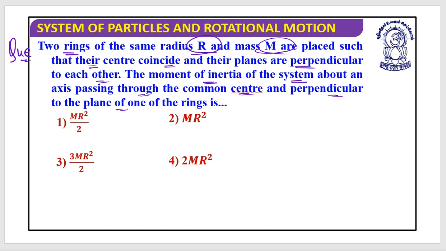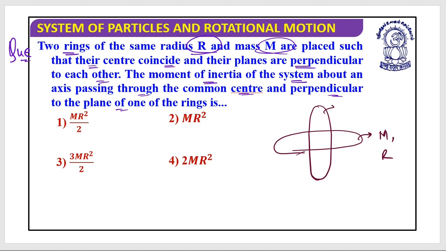It says that two rings are there. This is one of the rings having mass m and radius r, and this is the second ring, also having mass m and radius r. Now the moment of inertia of the system is about an axis passing through the common center and perpendicular to the plane of one of the rings. Let's assume the axis of rotation passes from here.